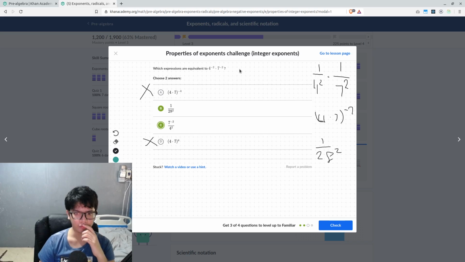So we're looking for a factor that's something over 1, or that is the same as 28 raised to negative 2, right? How is the square?